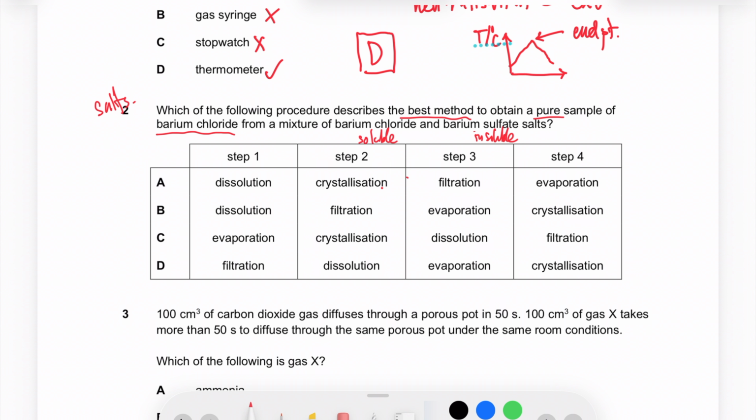So you need to add water and remove the insoluble barium sulfate first. Then you do filtration to remove barium sulfate, then heat to saturation, then you do crystallization. So answer will be B.